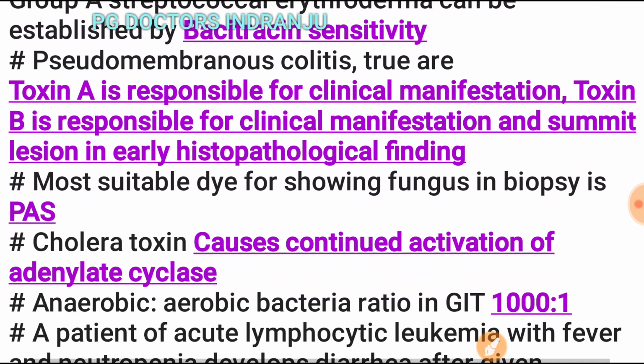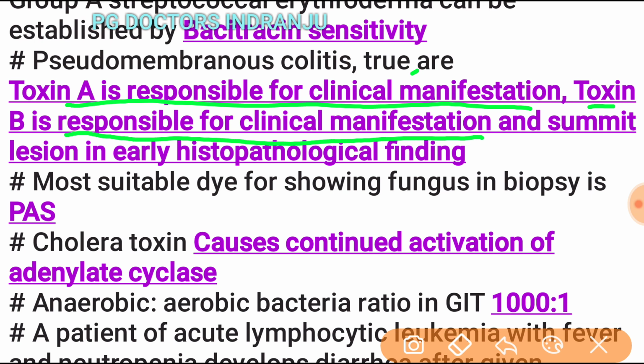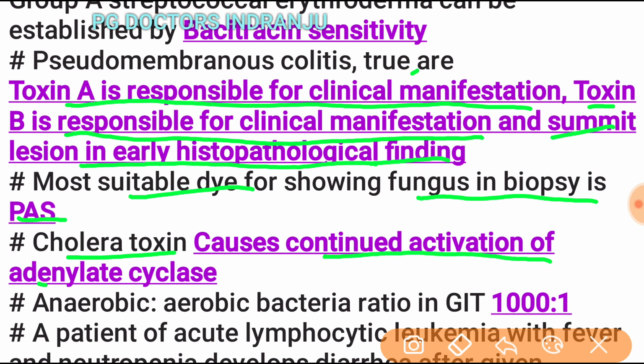Pseudomembranous colitis: true are toxin A is responsible for clinical manifestation, and toxin B is responsible for clinical manifestation, and summit lesion is seen in the early histopathological finding. The most suitable dye for showing fungus in a biopsy is PAS. Cholera toxin causes continued activation of adenyl cyclase.